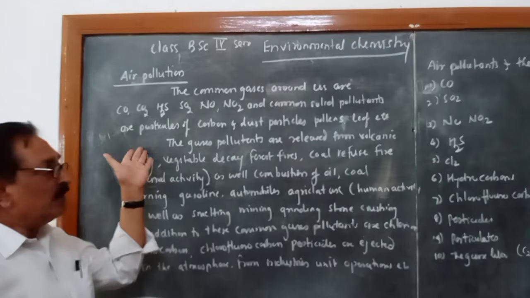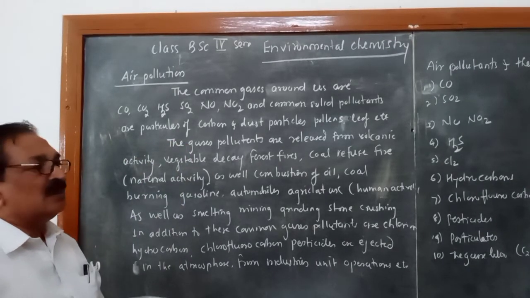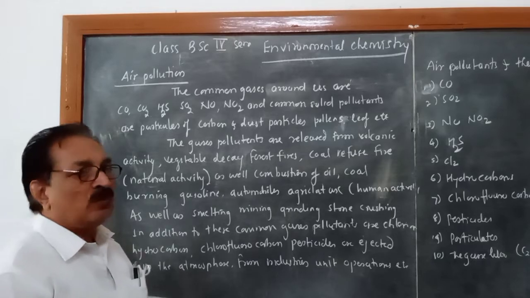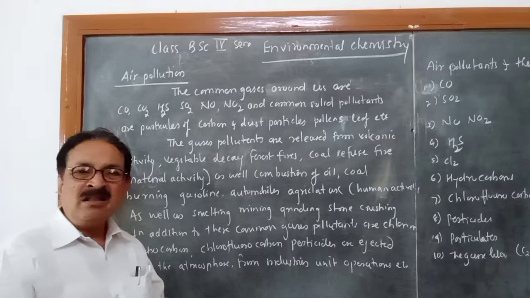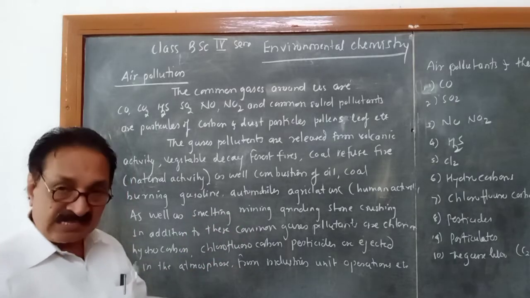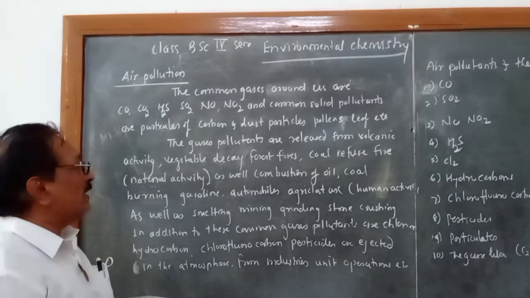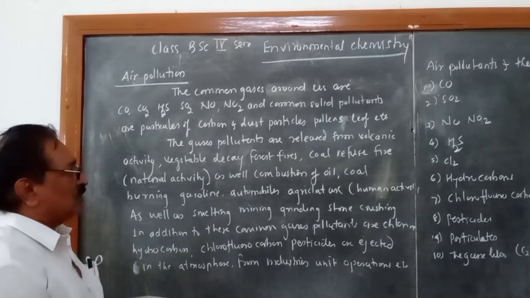The common solid pollutants are carbon dust, dust particles, pollens, leaves, all these, even the industrial unwanted gaseous as well as the solid pollutants are completely exposed in the atmosphere.